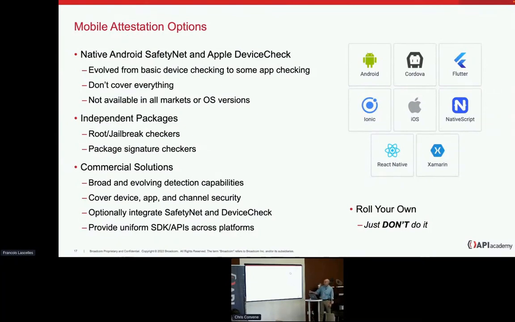And the advantage to this is that any commercial solution should provide a uniform API. So using DeviceCheck on iOS and SafetyNet on Google, very different APIs, very different terminology, very different concepts. You can wrap all that into a uniform SDK, so you only have to do it kind of one time, and you let the vendor figure out how to make it all work.